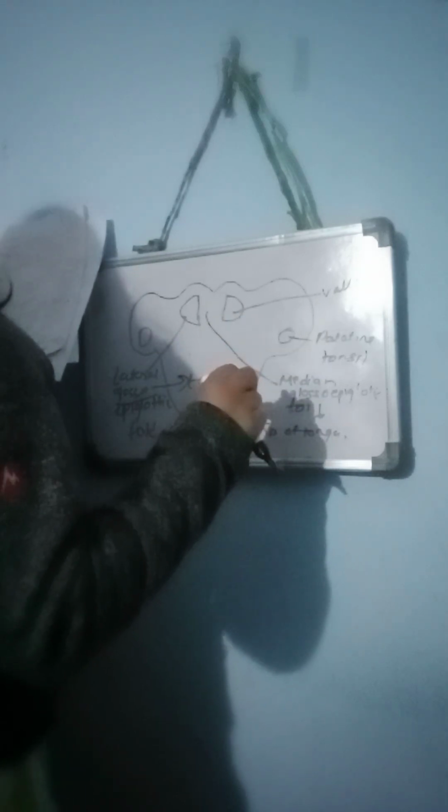Now, if we draw the tip of the tongue towards the upward region, this is the tip of the tongue. Now we have here the frenulum.